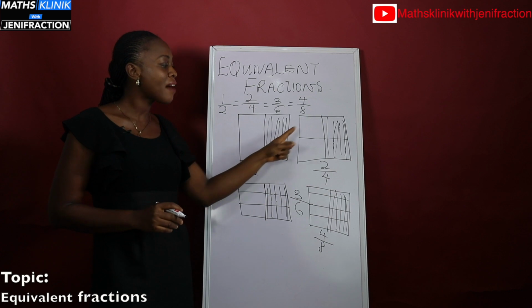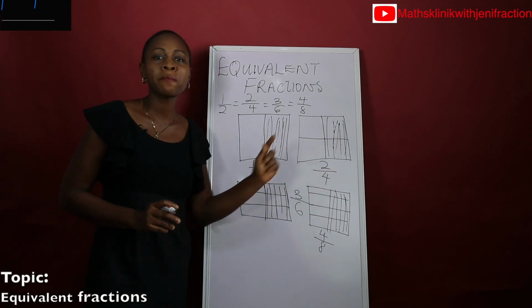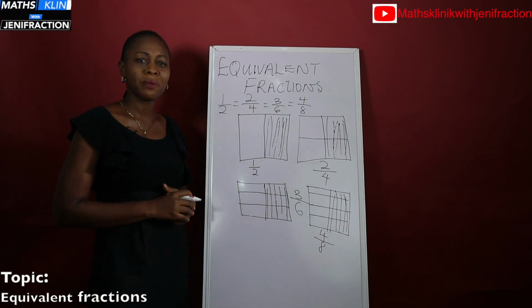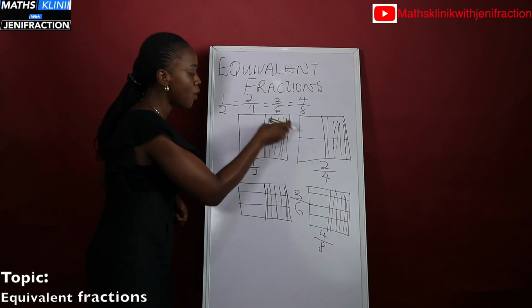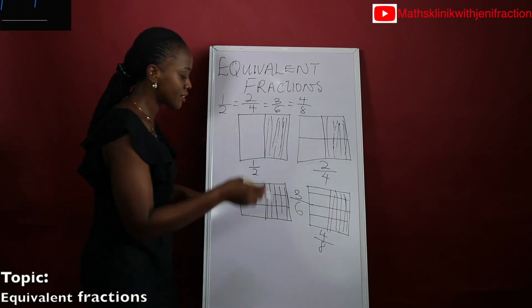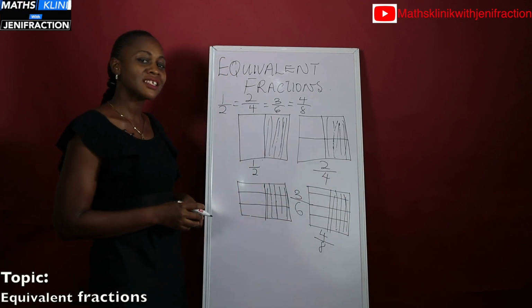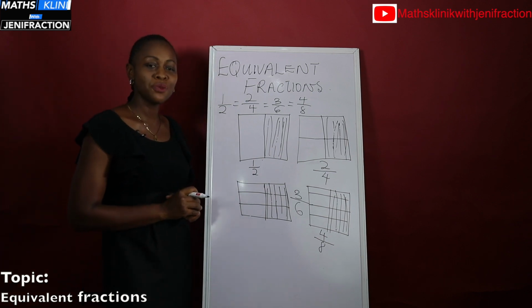Because they have the same value. They have the same proportion as the whole. What is the same proportion they have? It's one part, the same part, the same part, and the same part. It's just that they have different denominators and different numerators.